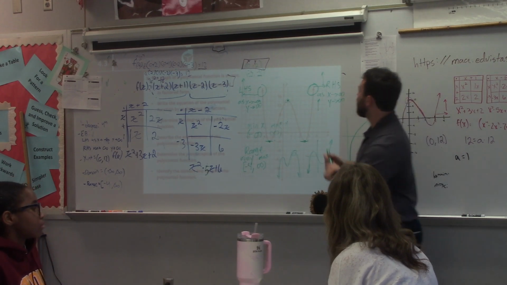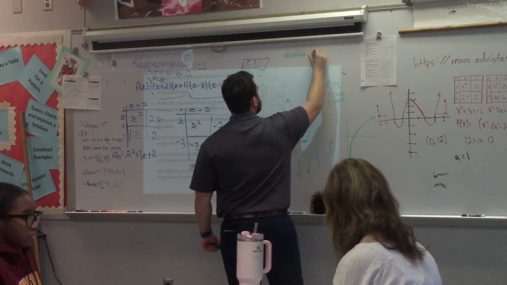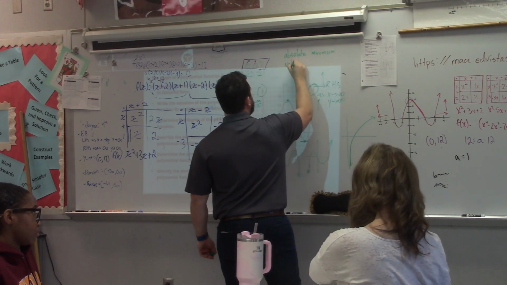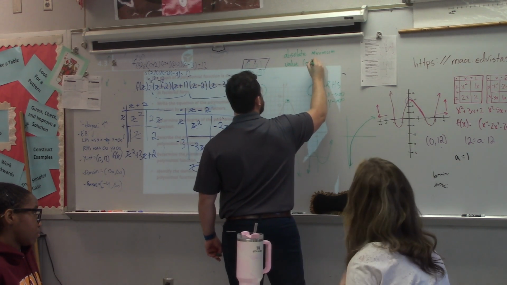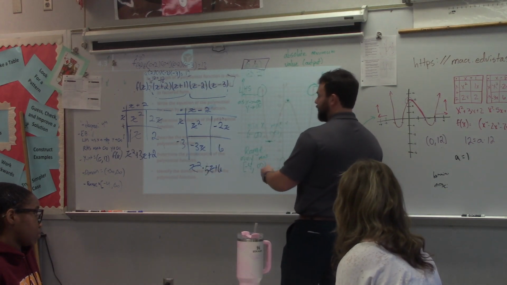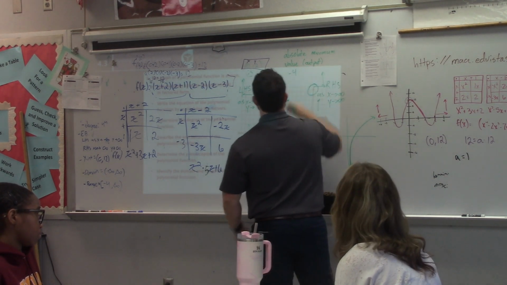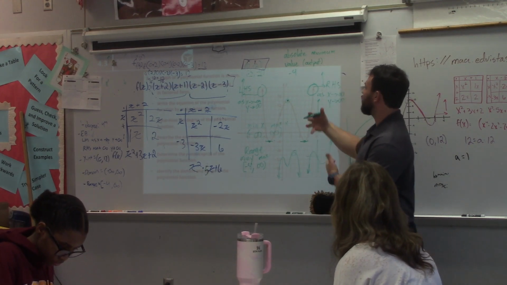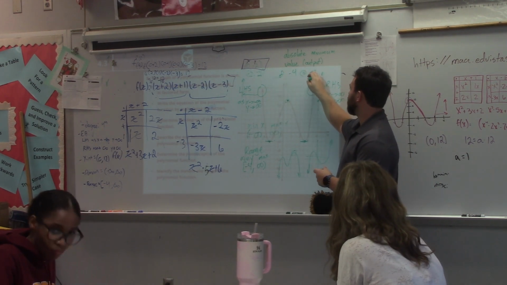Because remember, and I guess I should reemphasize this, it's an absolute minimum value, right? When we say value, what type of value are we talking about? Y. So the output, right? The y value. And what is the absolute minimum value? The minimum value is -4. That -4 just happens twice. And that's why I emphasize, I don't just write points, I say the absolute minimum value or minimum of -4, and then I indicate where it's located.